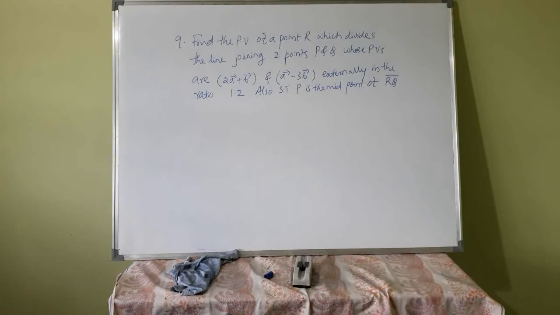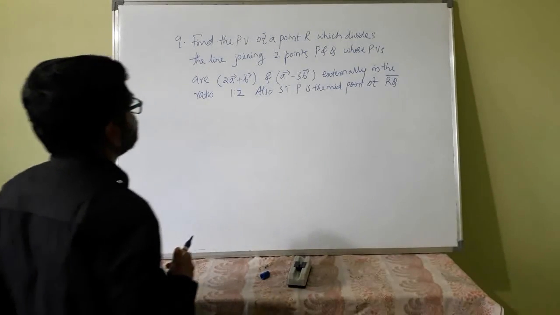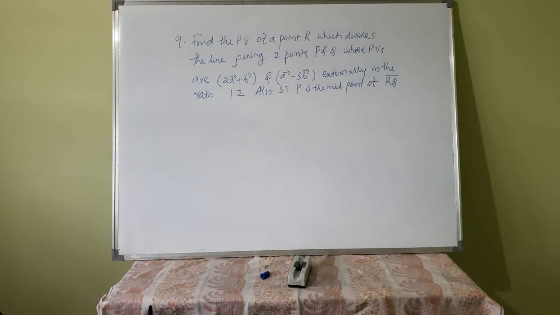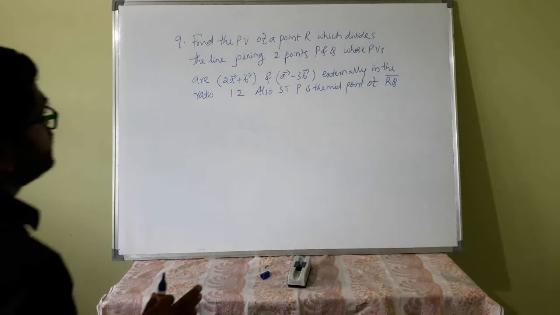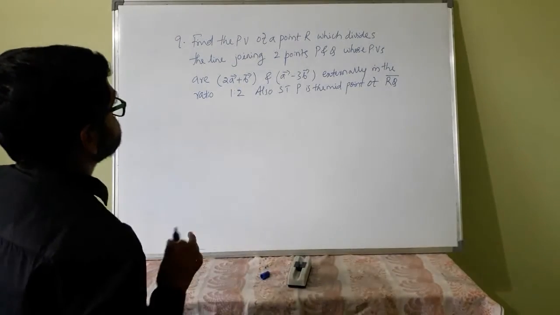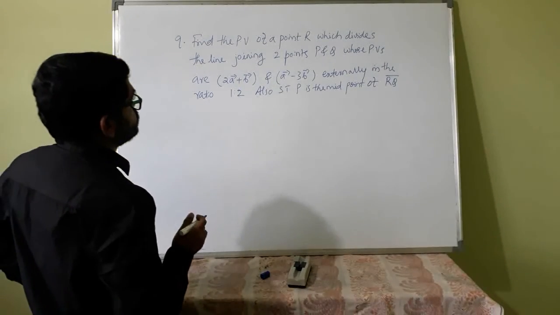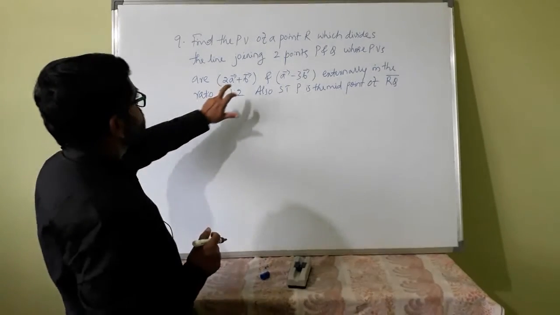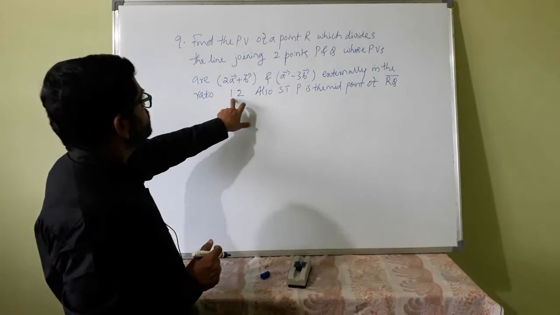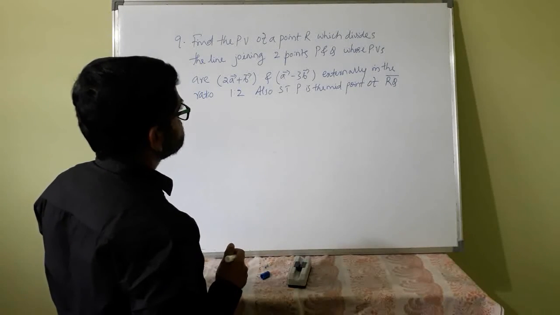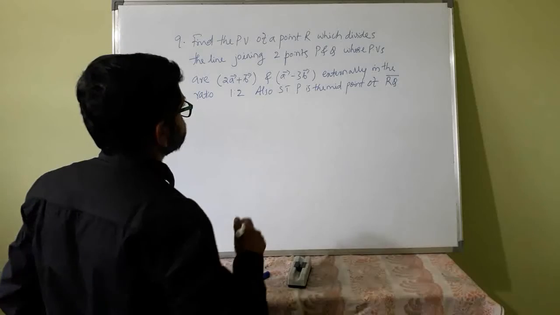Find the position vector of a point R which divides the line joining the two points P and Q, whose position vectors are 2a plus b and a minus 3b, externally. Okay, this is straightforward. Suppose this is a and this is b and the ratio is given. So the line segment is RQ.